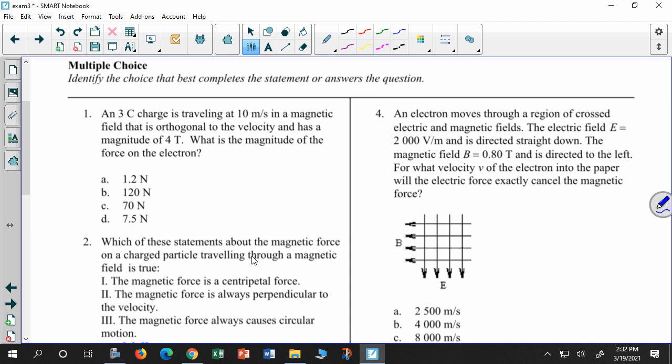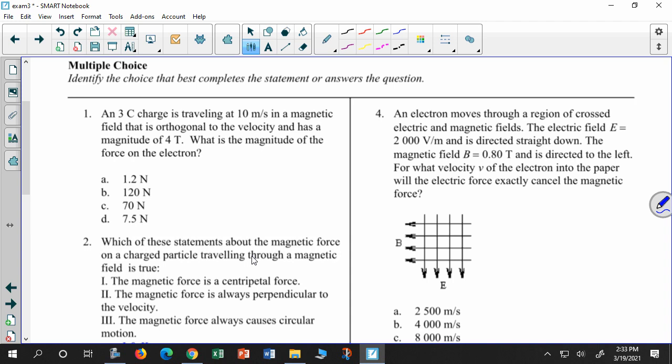TVs, like old TVs, like the cathode ray tubes that we used to use. You haven't used them, but you know what I'm talking about, the big TVs in the big wooden cabinets. What they would do is use an electric field to accelerate an electron, and then they would use both magnetic and electric fields that were crossed to direct that electron to somewhere on the screen. And depending where it went on the screen, it would make a certain color in that part of the screen. It's kind of cool, actually.